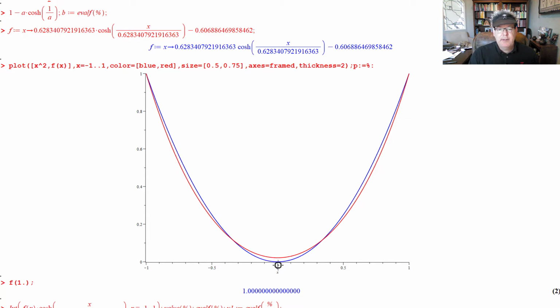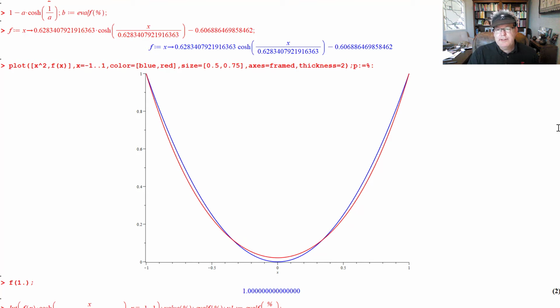So the hyperbolic cosine curve is in red, so it actually doesn't go down as far, but it goes down faster, but not too fast. So I mean, there's a balance there, and that hyperbolic cosine wins.